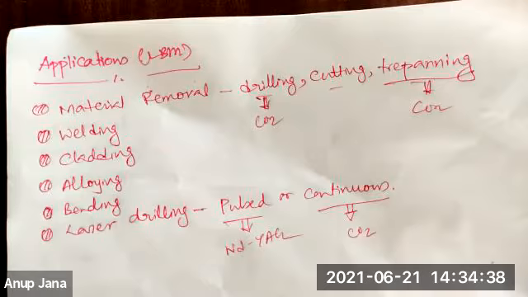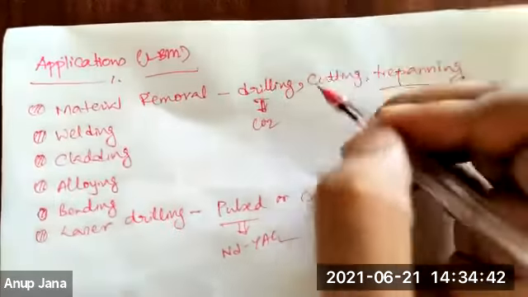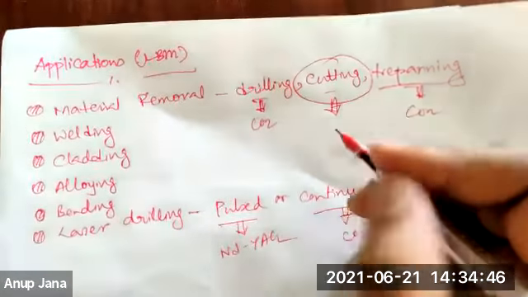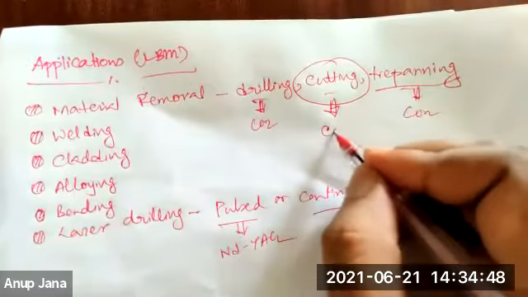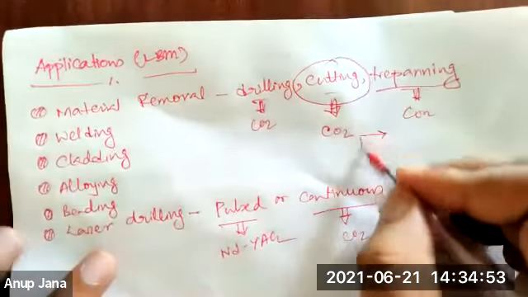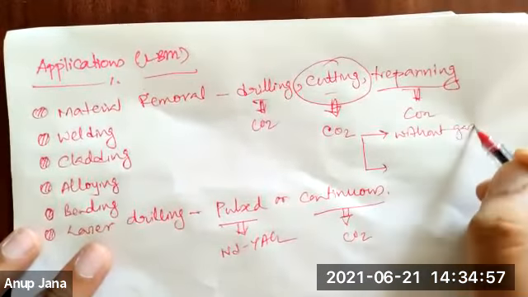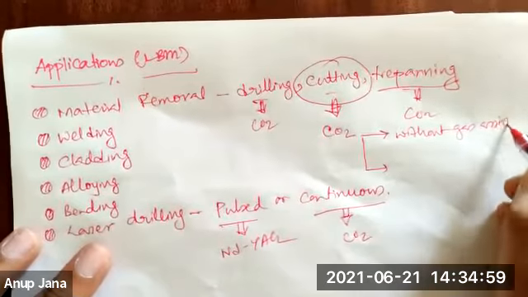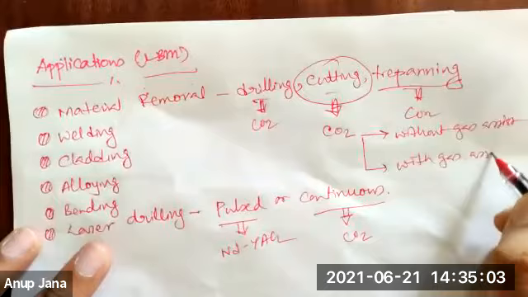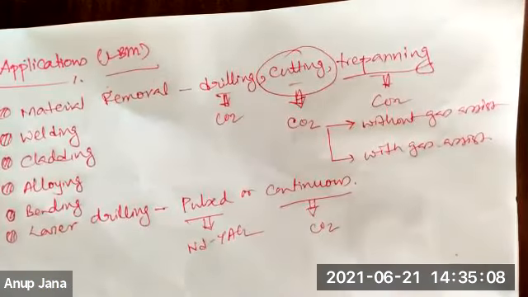So we can use this for drilling and trepanning, but cutting can be done using CO2 without gas assist as well as with gas assist. So both are possible in case of cutting.